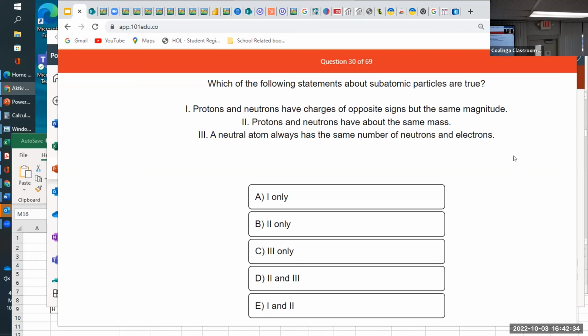A, only 1. B, only 2. C, only 3. D, 2 and 3. E, 1 and 2. Said 2 is correct. So you'd say B.